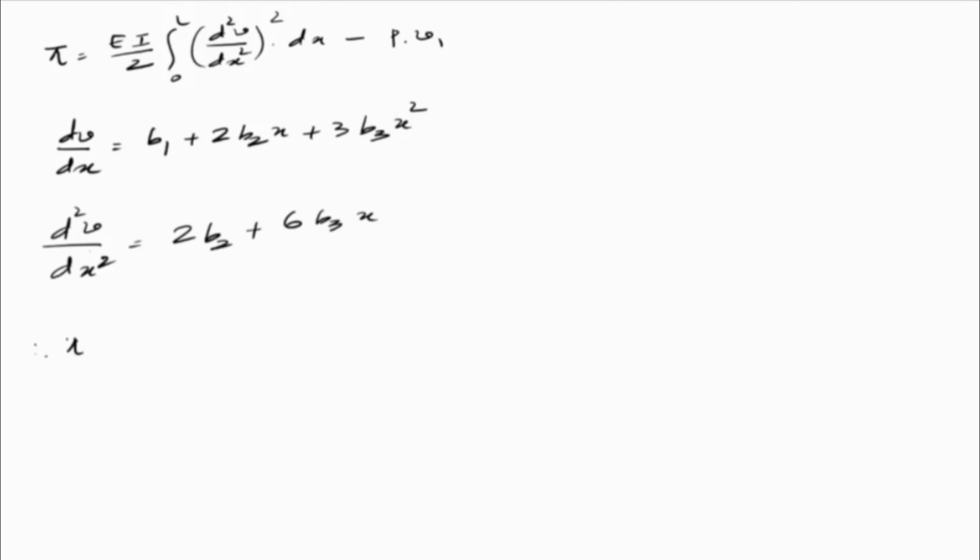Therefore, my pi is equal to EI divided by 2 integration 0 to L. What is the value of d square V divided by dx square?